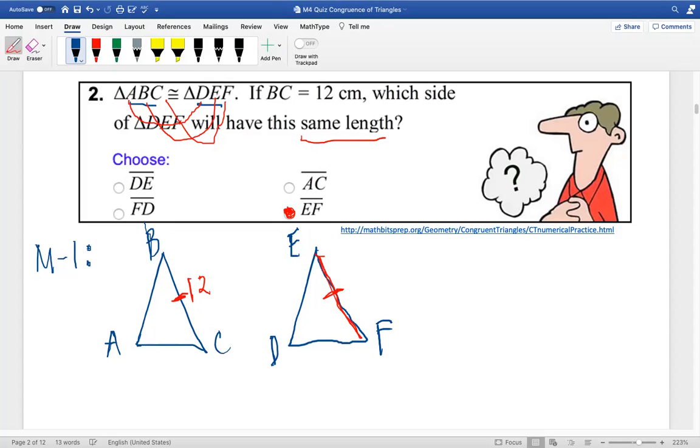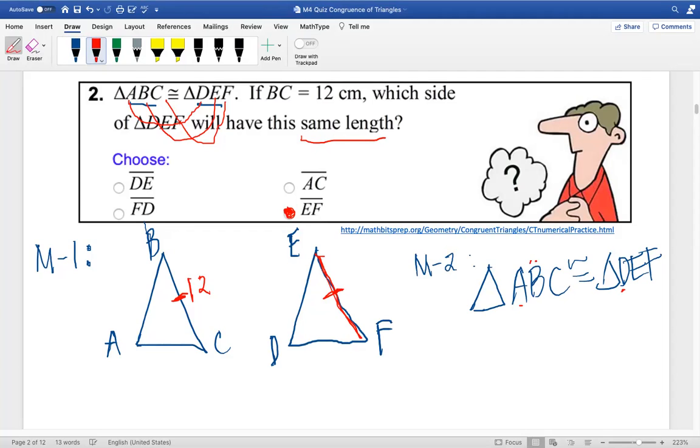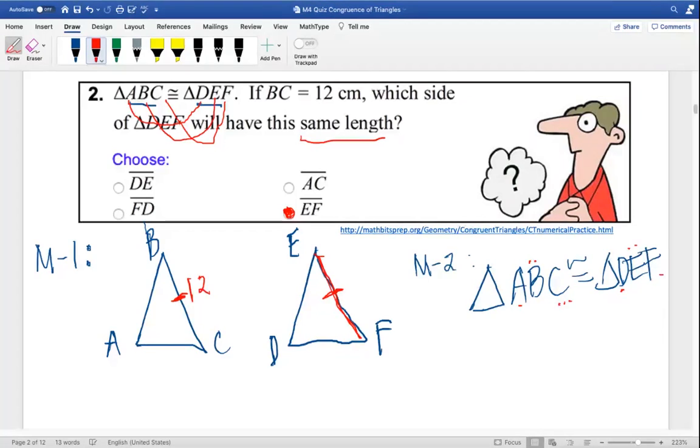As I mentioned, there are two methods I am thinking of to solve this problem. In method two, let's copy the given congruence statement: triangle ABC is congruent to triangle DEF. Since this is already a congruent triangle statement, it was written according to its corresponding parts: A to D, B to E, and C to F. It says that BC is equal to 12.